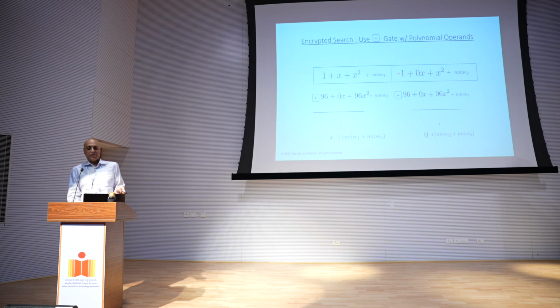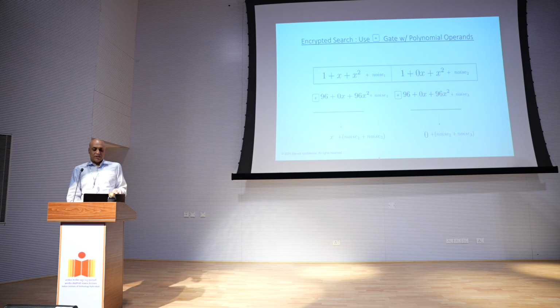The first thing I'm going to do is calculate its additive inverse. Its additive inverse is simply this polynomial over here. I add these two polynomials, I get a 0 plus the noise 1, noise 2 term. Whereas if I add these two polynomials, here's the inversion of the pattern that I'm looking for, and this is the target element in the array. If I add these two, I do not get 0.